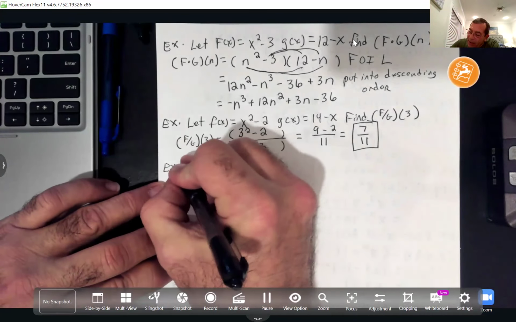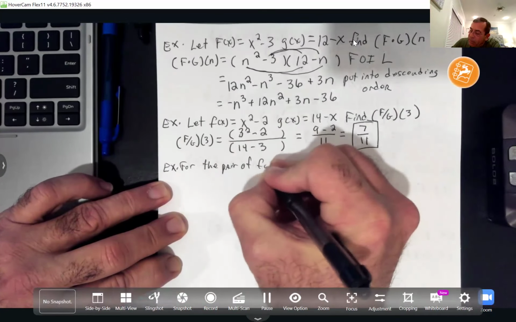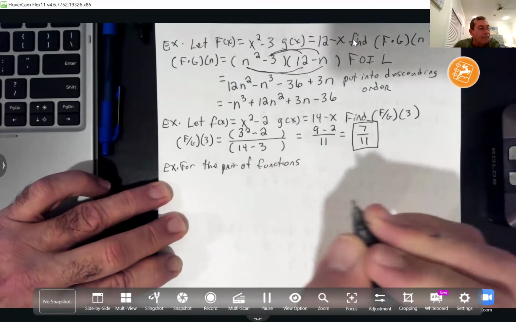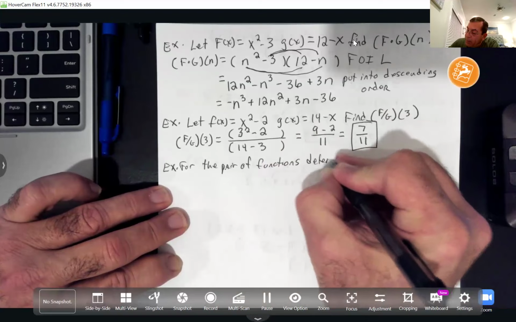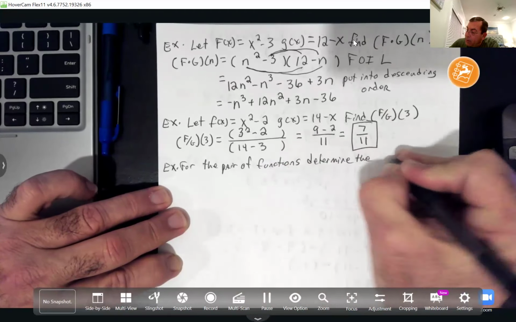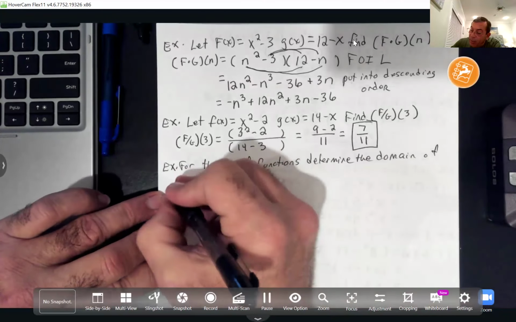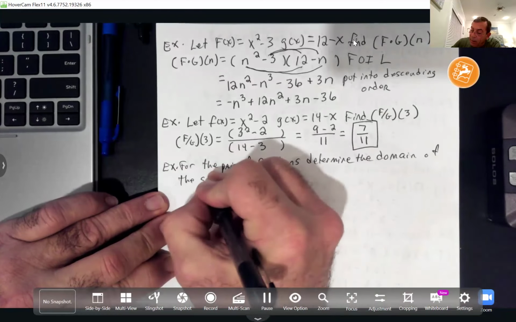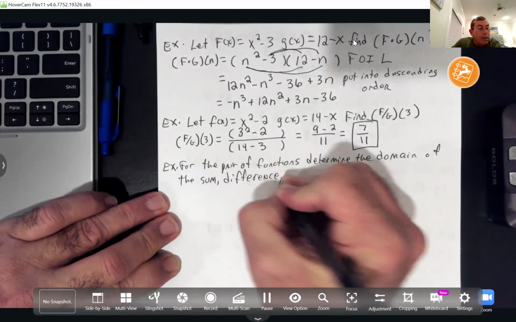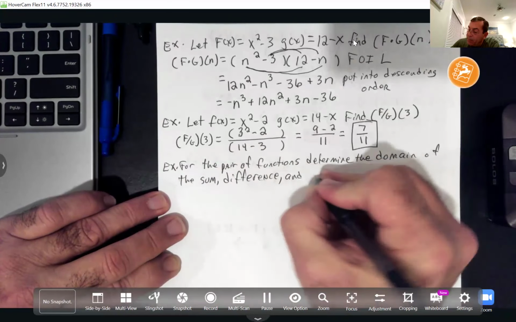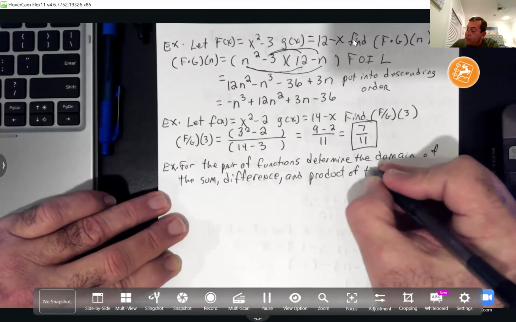So what these will say is, for the pair of functions, determine the domain of the sum, difference, and product of the two functions.